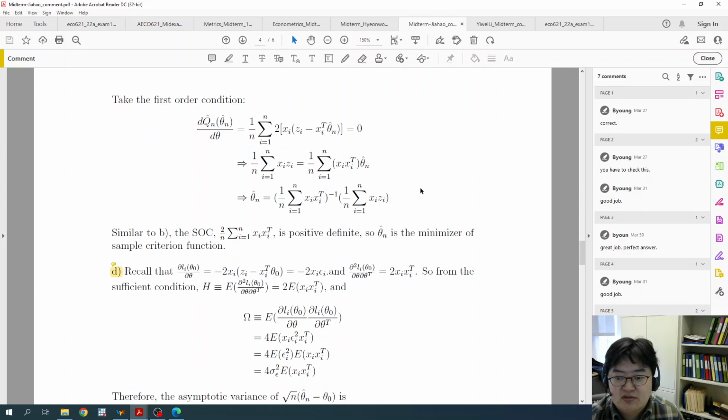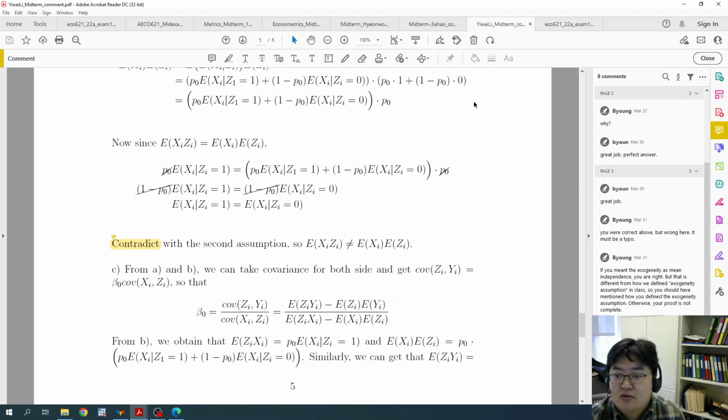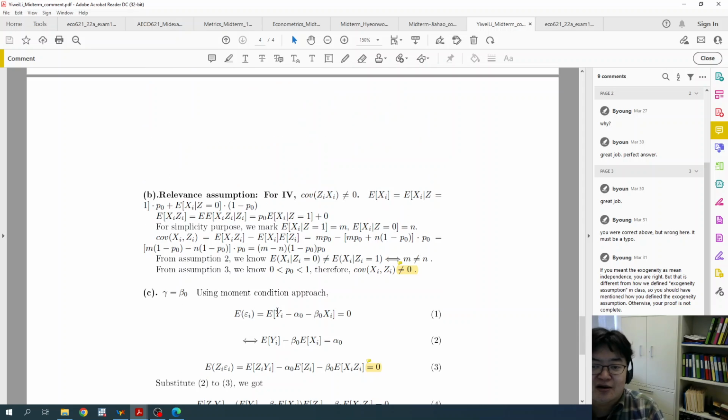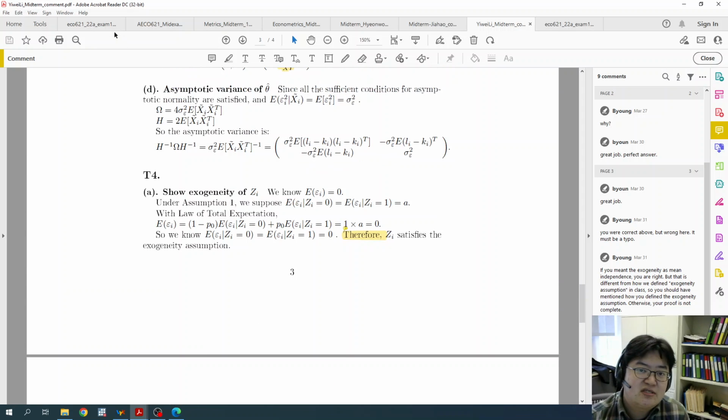And the others are, I think, good job. So here in the last question, it's simple. I think it's very introductory statistics.